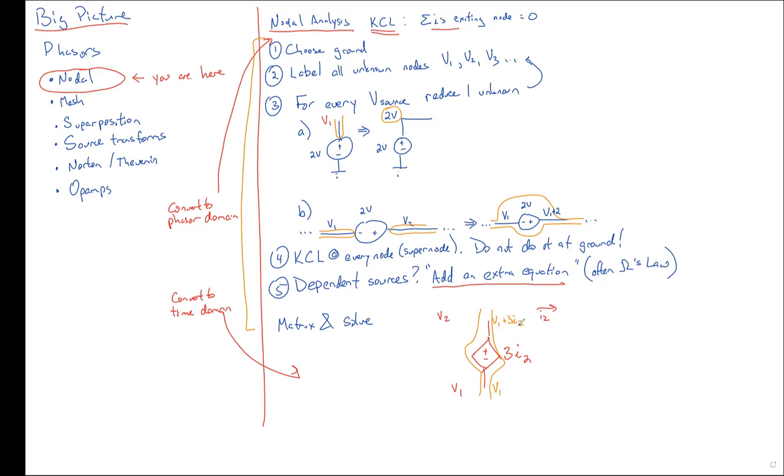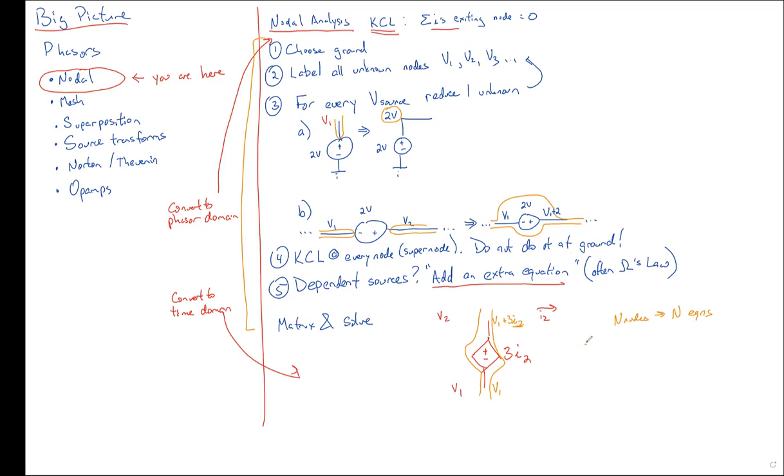Whenever you have a dependent source that looks like this, that is a current elsewhere or some voltage that you haven't already measured, you're probably going to have an extra variable, which is a problem, because when you do your KCL at every node, you might have n nodes, so you'll have n equations.